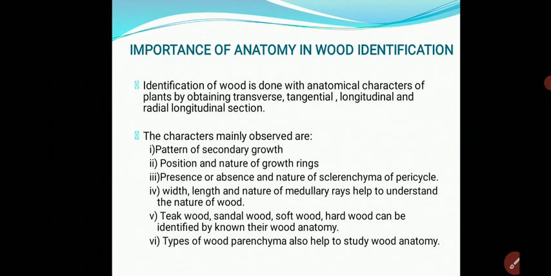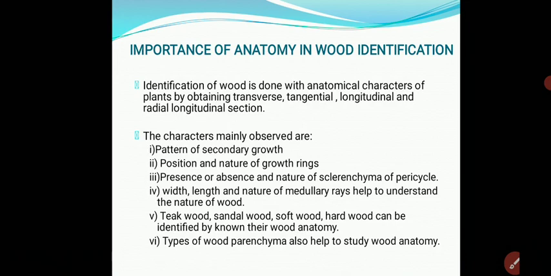First one, pattern of secondary growth, position and nature of growth rings, the presence or absence as well as nature of sclerenchyma of pericycle. Next, width and length of medullary rays and the nature of medullary rays help to understand the nature of wood. So, teak wood, sandalwood, softwood, hardwood, or wood of sisoo can be identified by knowing their wood anatomy.